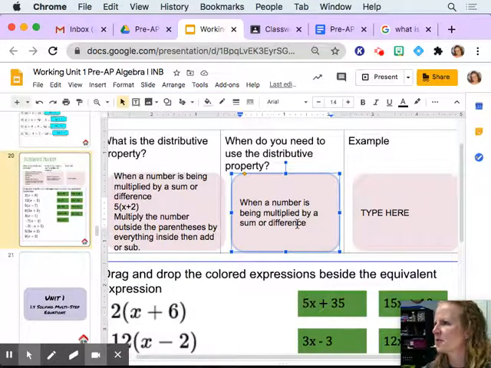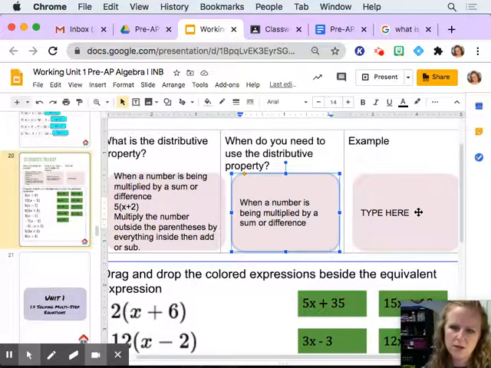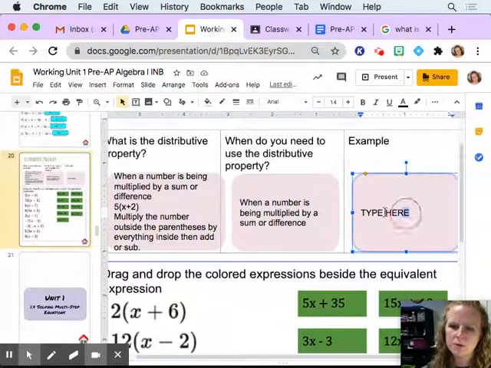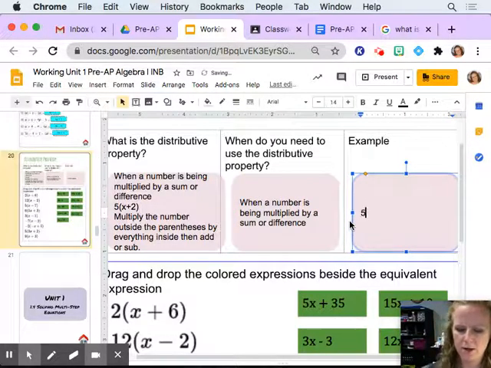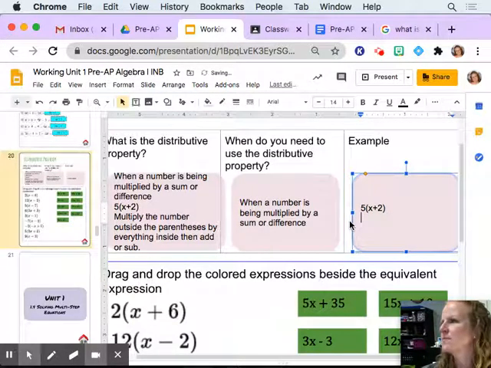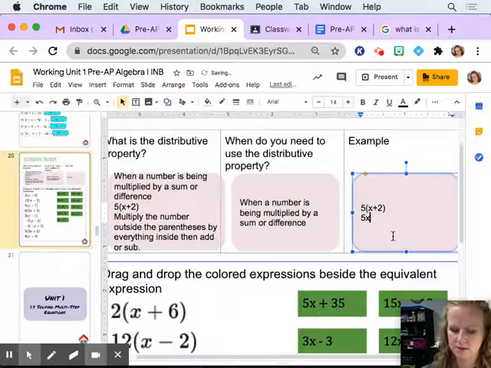Control C, Control V. Okay, and then our example, which I wrote that one down, 5x plus 2. So you'd multiply 5 times x, making that 5x.